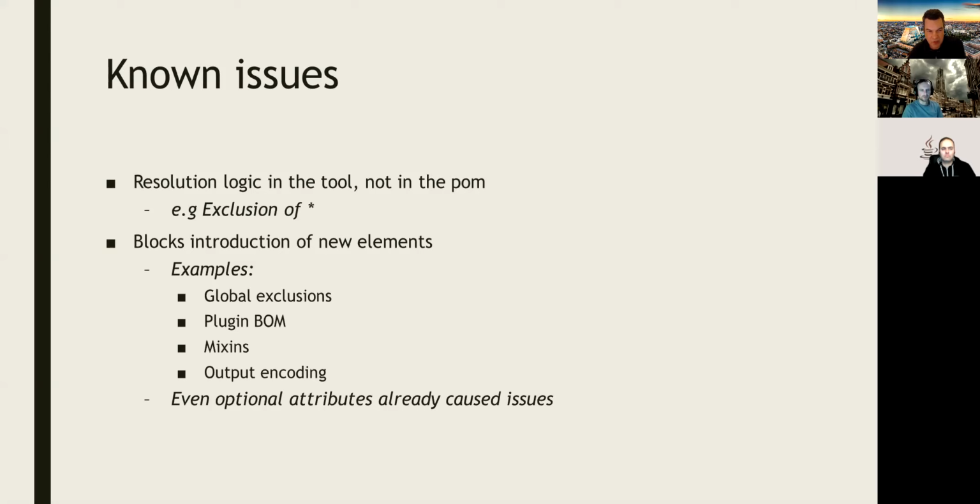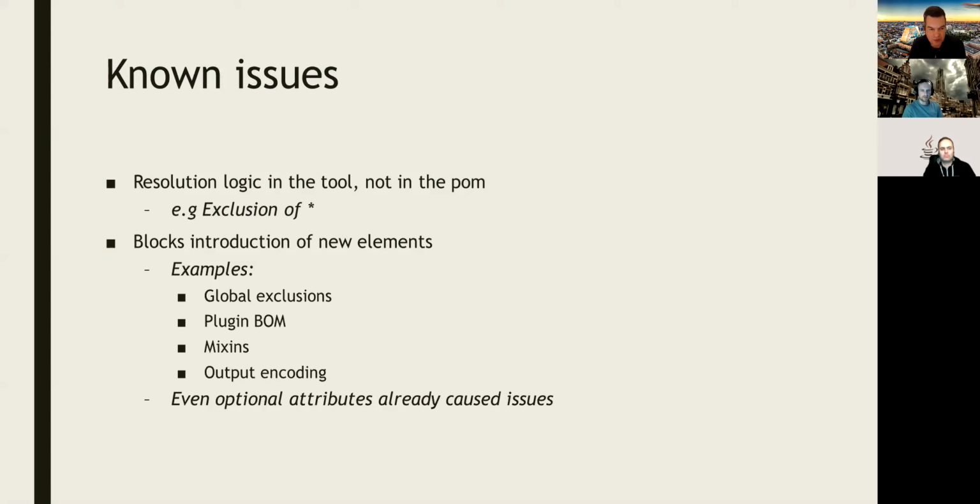Some other things that we would like to introduce are things like global exclusions. Right now, if you want to get rid of some specific logging framework because you would prefer another one, you need to specify that in all of your dependencies. There's no way to do that globally right now. There's also a wish to have a BOM file for plugins.